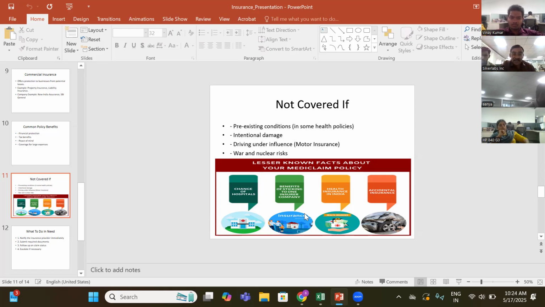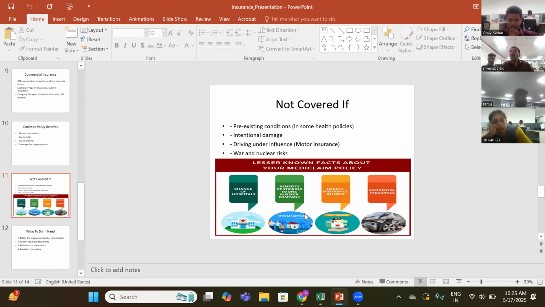Next, intentional damage. Suppose a person comes to know that the insurance company is there to protect me from financial losses, so why should I not go and damage certain vehicles or assets. For such activities the insurance company will not pay, because they are intentional in nature.